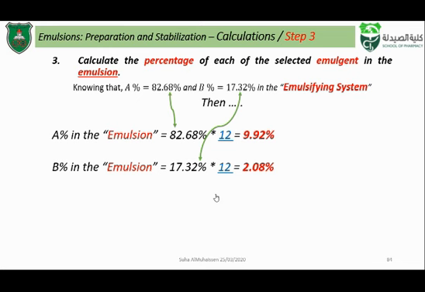For B, the lipophilic emulsifying agent, the percent in the emulsion will be equal to its percent in the emulsifying system multiplied by 12. Again, this is the percent of the emulsifying system in the original emulsion formula. And the result is 2.8%.